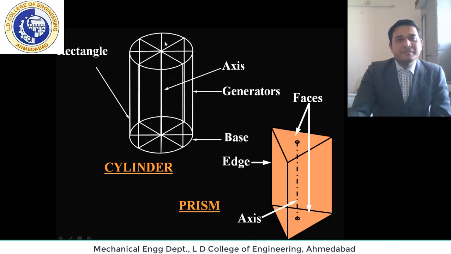These are the bases. In the case of the triangular prism, these are called the face or base, this is again a rectangular face, and this one is the edge which is connecting the corners of the bases.